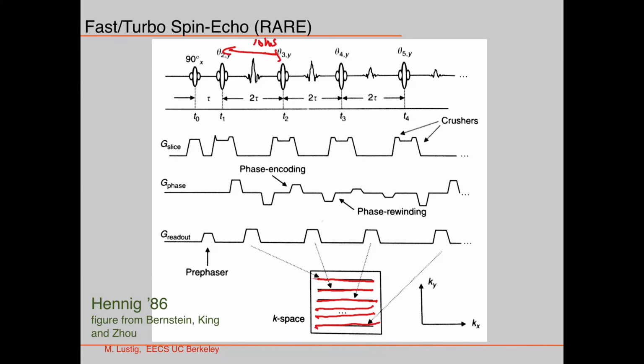So let's say you do 5 milliseconds, and then you do about 100 of them. So it's half a second, and you get a single shot image in half a second. And of course, it's a spin echo, because every time that you cross the center, you get a spin echo, and a spin echo, and a spin echo.